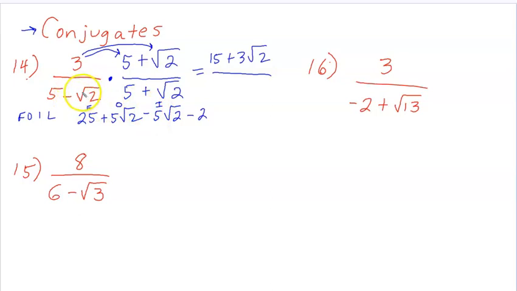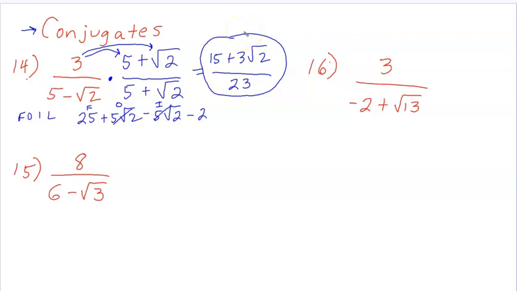Remember, the goal is to get a regular number in the denominator to get rid of radicals. Well, when the radical is involved with another integer like this, we have to use the conjugate, but the result is still going to be the same. We're going to end up with a non-radical denominator. So these cancel, and I'm left with 25 minus 2, which is 23. And so that ends up being my final answer.